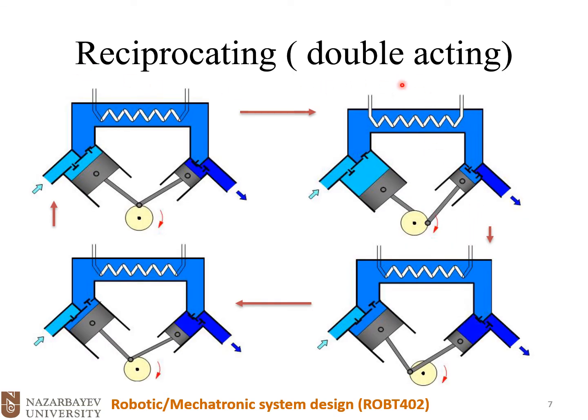The double acting is one of a few types of reciprocating compressors. You see that it goes through 4 stages, 1, 2, 3, and 4, to compress the air and increase the pressure.